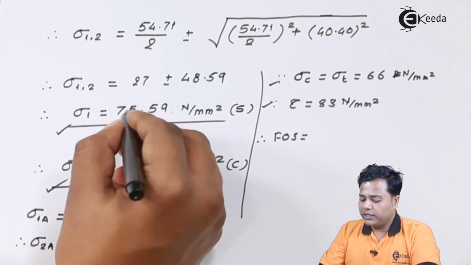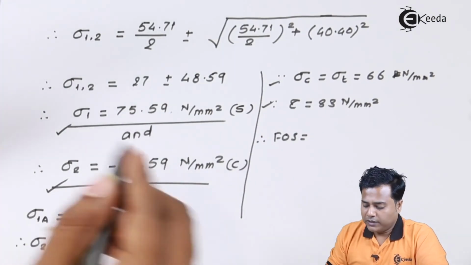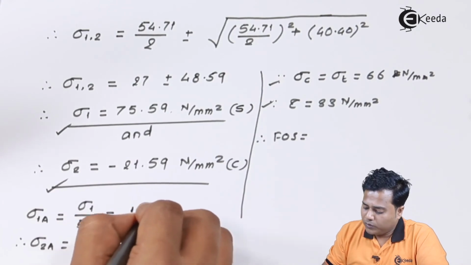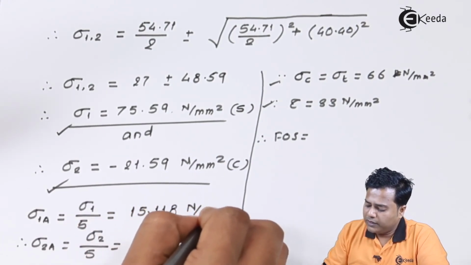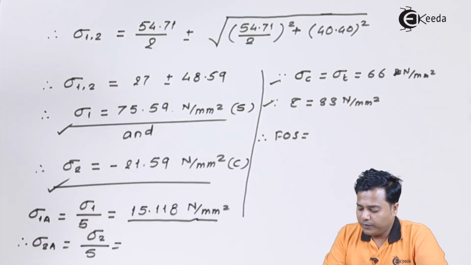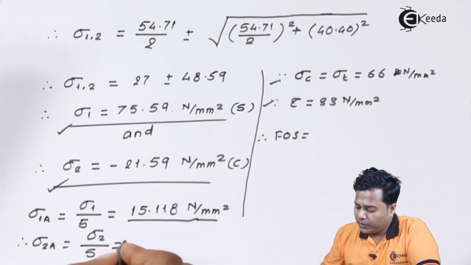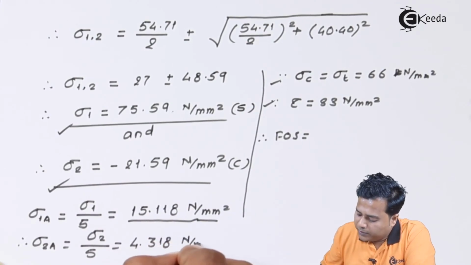Sigma 1, 75.59 divided by 5, gives us 15.118 Newton per mm square, and sigma 2, 21.59 divided by 5, gives us 4.318 Newton per millimeter square.